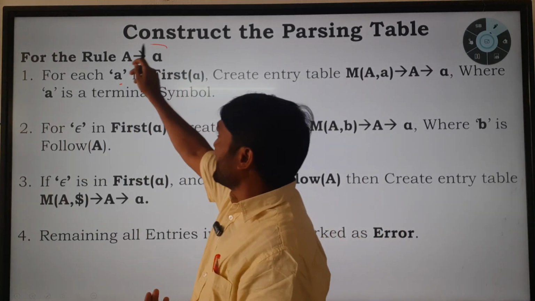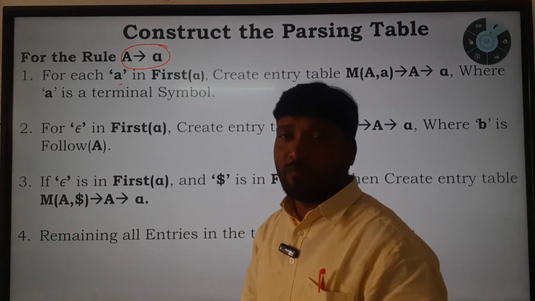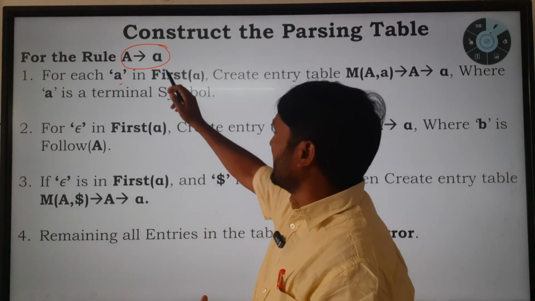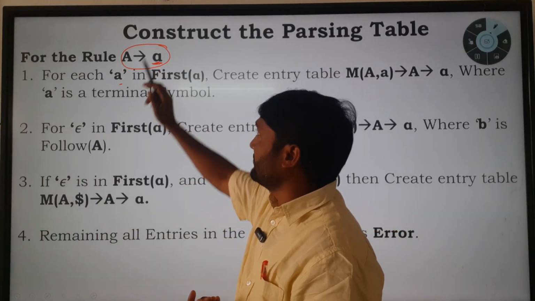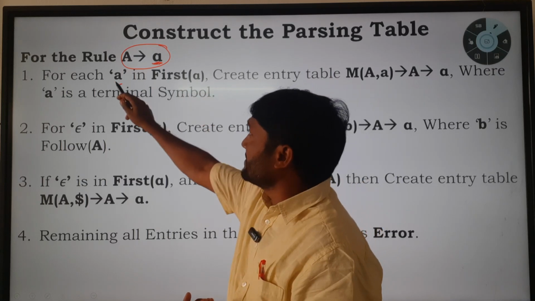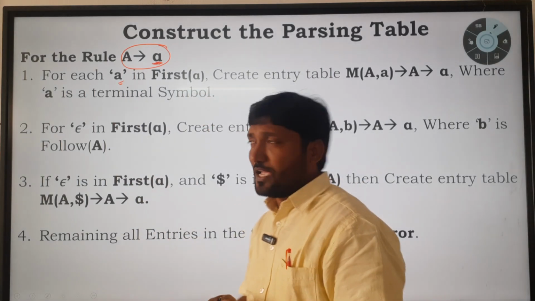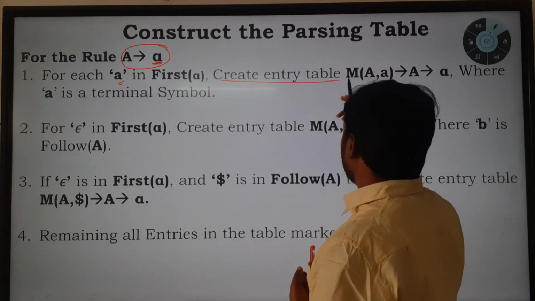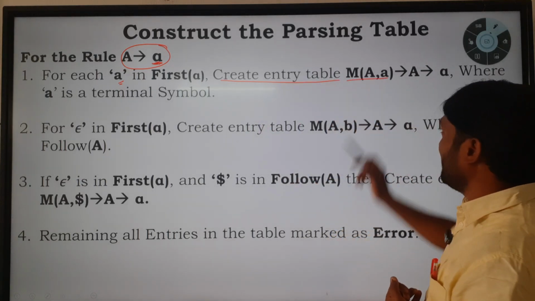That means if there is a production A derives alpha, then we have to calculate the first function for alpha. If the first of alpha has any terminal symbol, called a, then create the table entry M of A comma a.